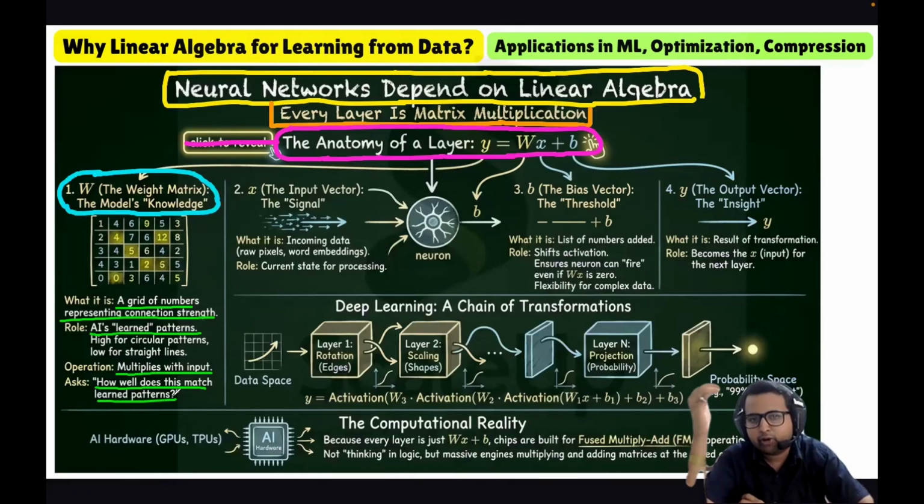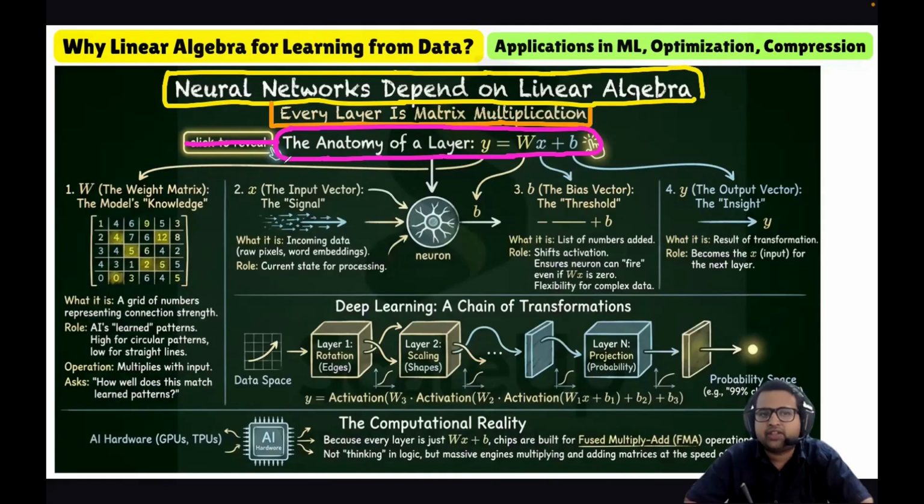So that is the significance of the weight matrix W. The result of the matrix multiplication of W with the input vector x will determine the accuracy of the model's knowledge.